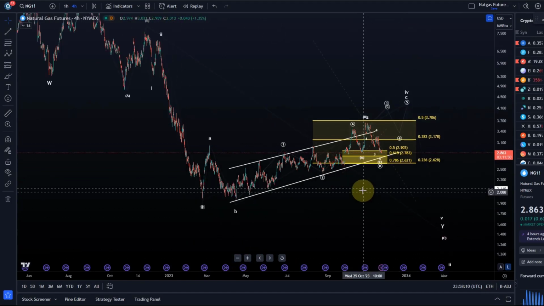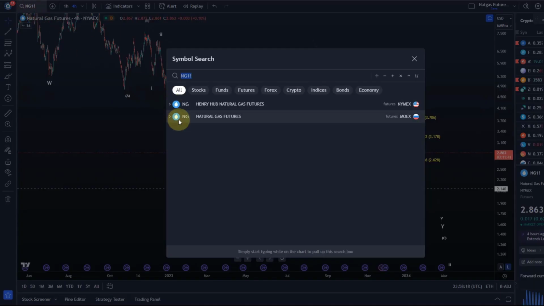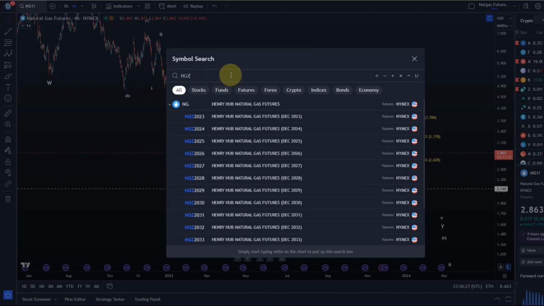It looks so different, and I don't believe it's an accurate representation of what's going on. It also looks completely different to Natgas Spot, and it looks completely different to the actual tradable Natgas futures current contracts. So we are going to switch to these.